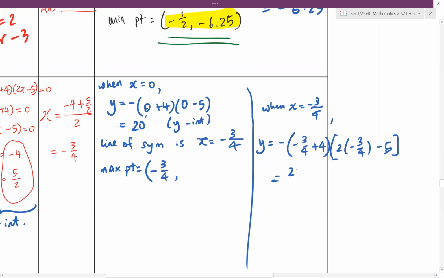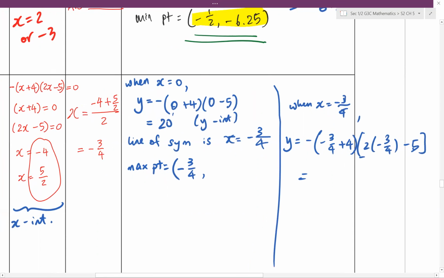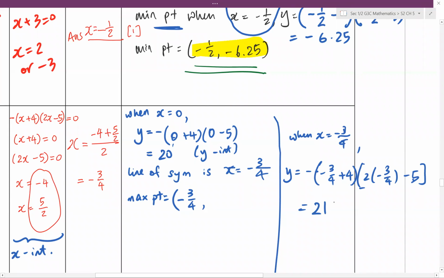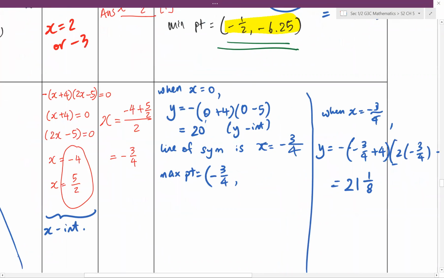Did you get 21.125? No way. Cannot be. Okay, I made a mistake somewhere. Really? 21 point something. Say it, 21 1/8. What are my intercepts?